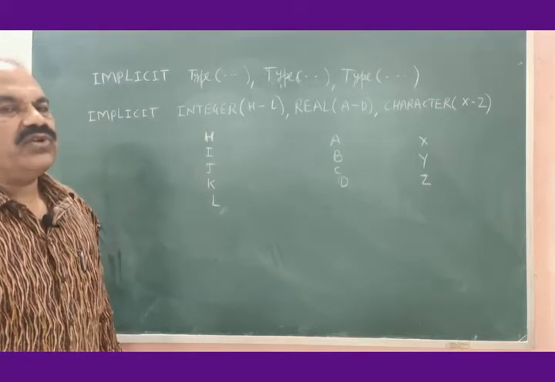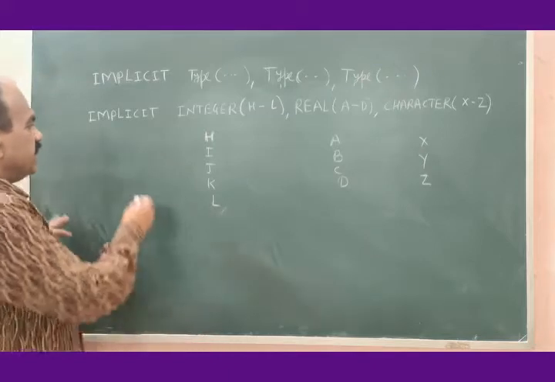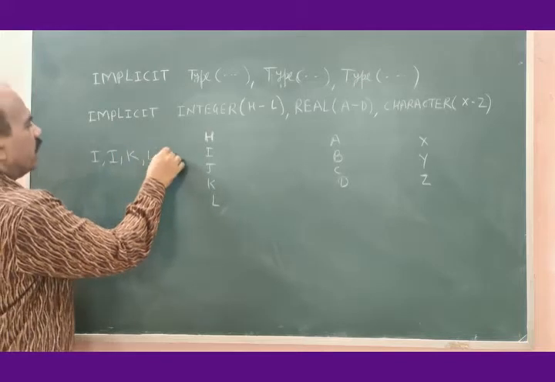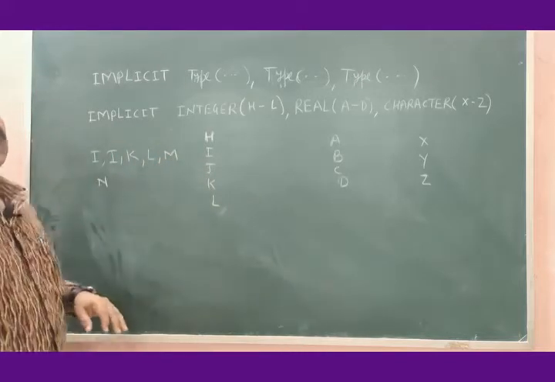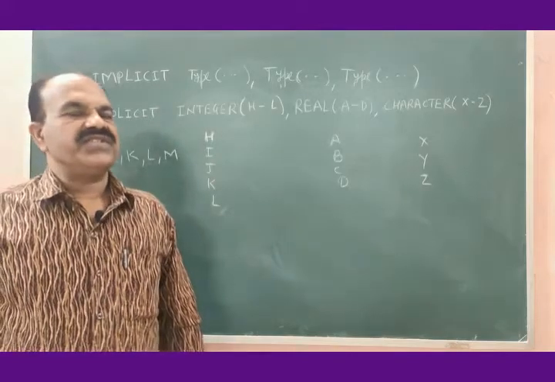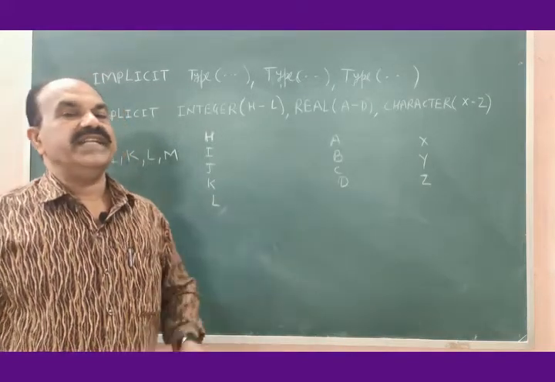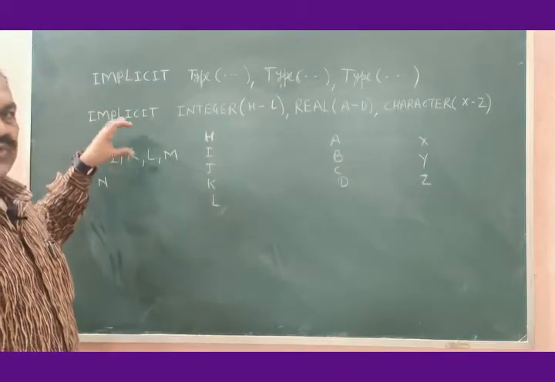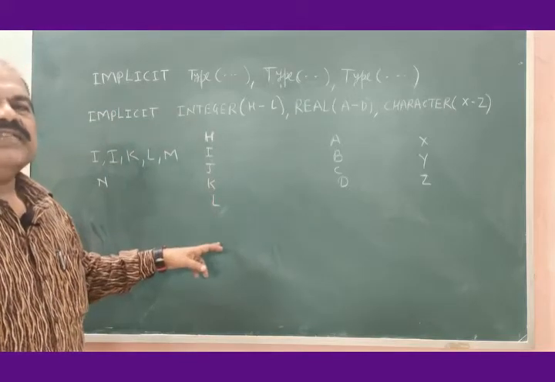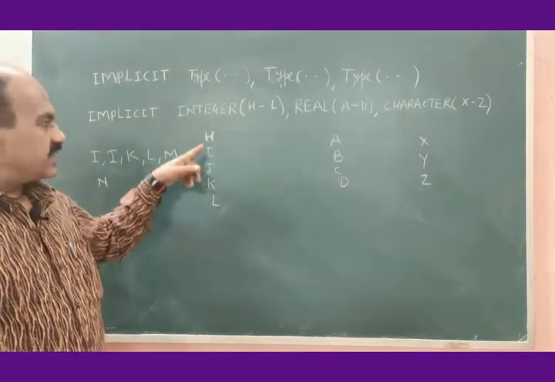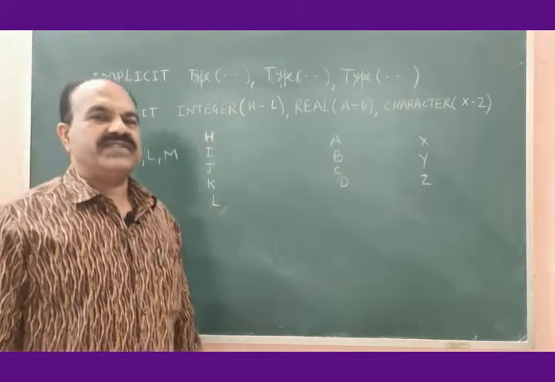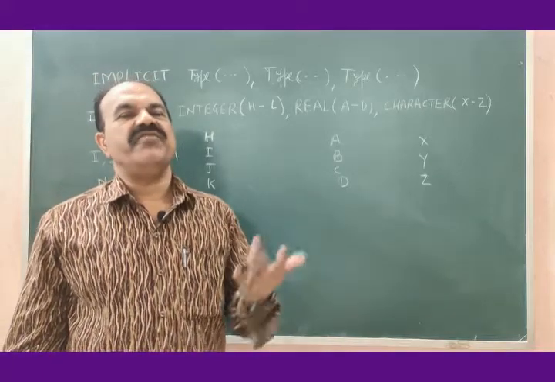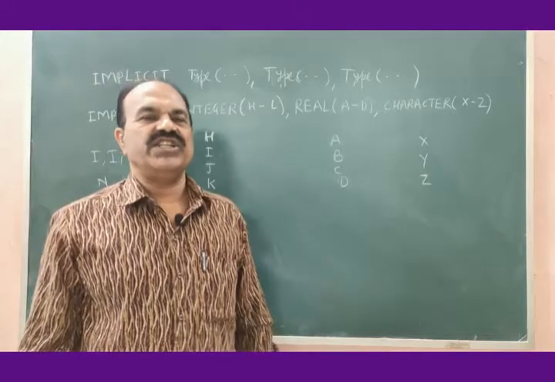What is the default rule for integer variables? The variables starting with I, J, K, L, M, N are always taken as integer variables by the Fortran editor. In addition to these, the variables specified by integer starting with any of these alphabets are also taken as integer variables by the Fortran editor.